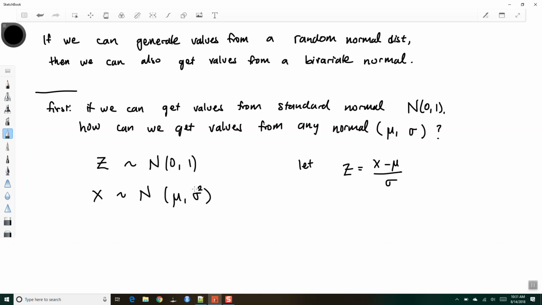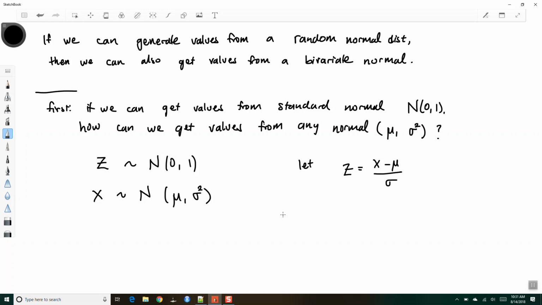Like, you could put sigma squared or sigma, x minus mu, this is okay, right? So you could put sigma squared or you could leave it out, depending on your convention here, okay? All right, so we got z is x minus mu over sigma.